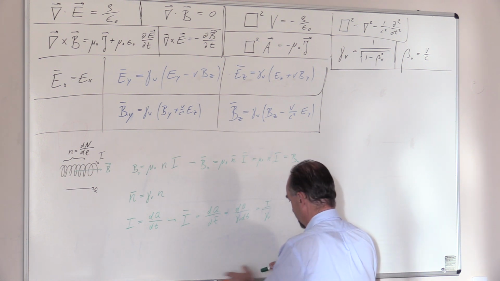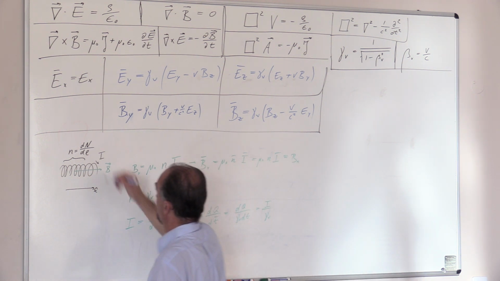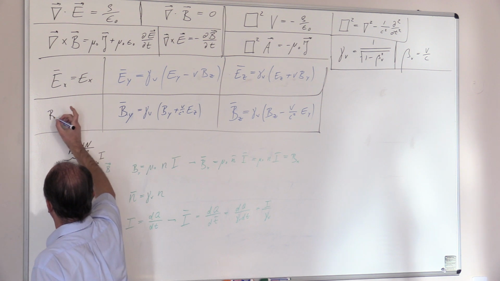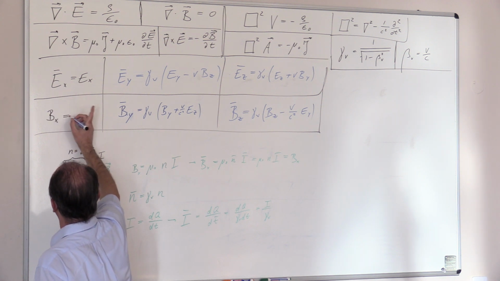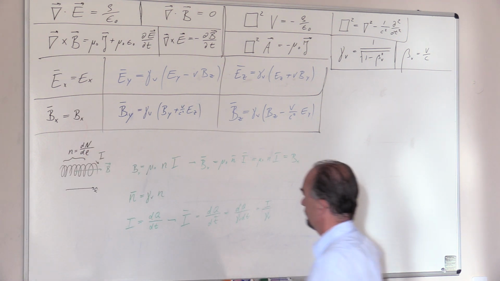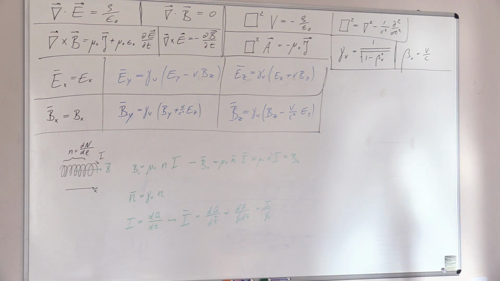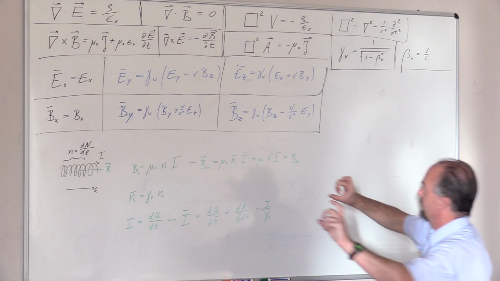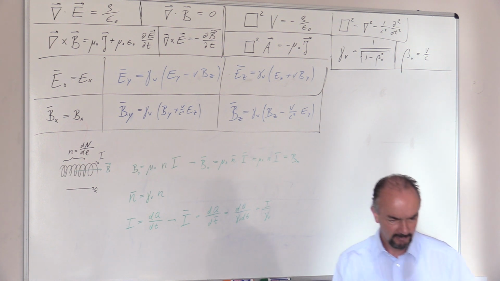So that means, just like the electric field, also the magnetic field along the direction of motion will stay the same. Okay. So, final result of that long story. We know how electric and magnetic fields are turning into each other.